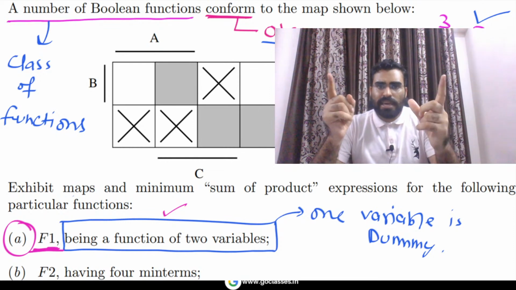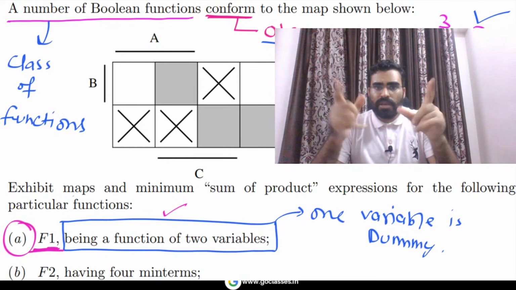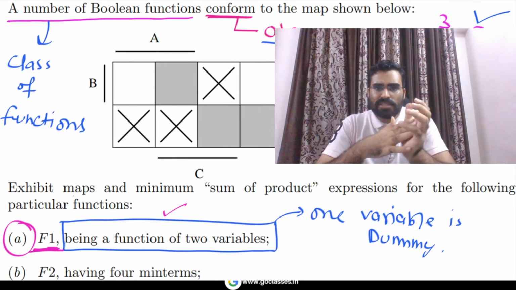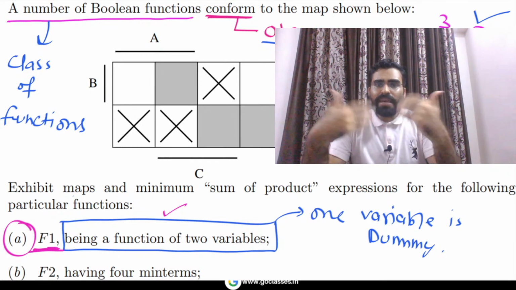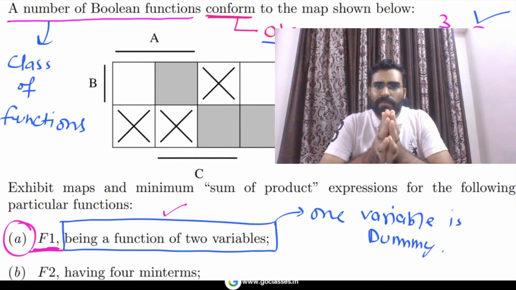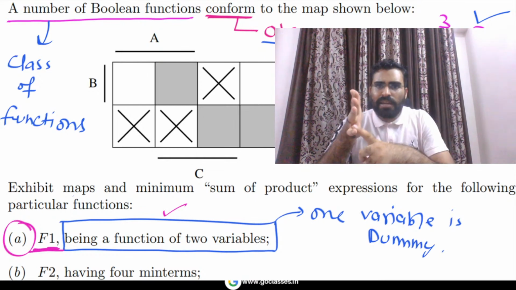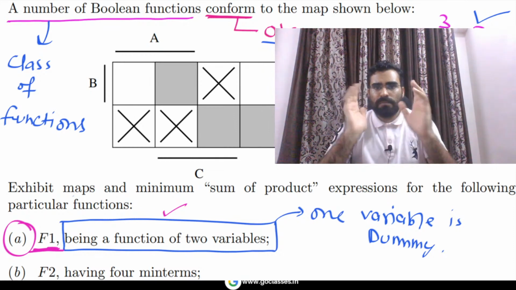So the only choice is A. You can make A dummy. So the question is asking to make A dummy, and then we find the equation of F, which will be B bar or C.